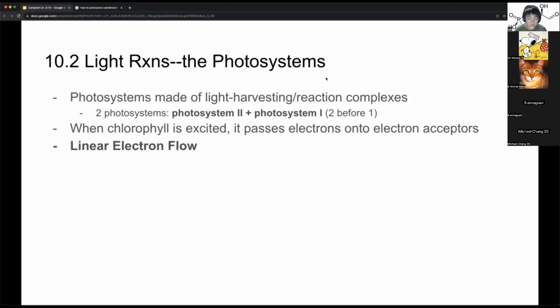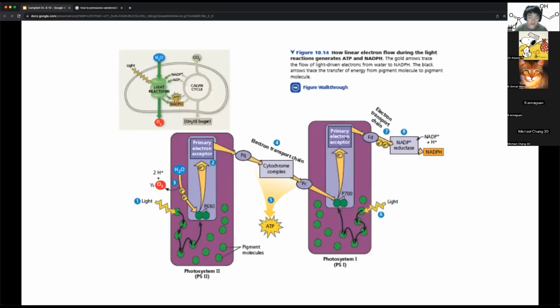Basically, remember that when the light enters, it enters photosystem 2 first and excites electrons there, and they get passed on into photosystem 1, where they get excited again. In the next slide, you can see what actually happens.